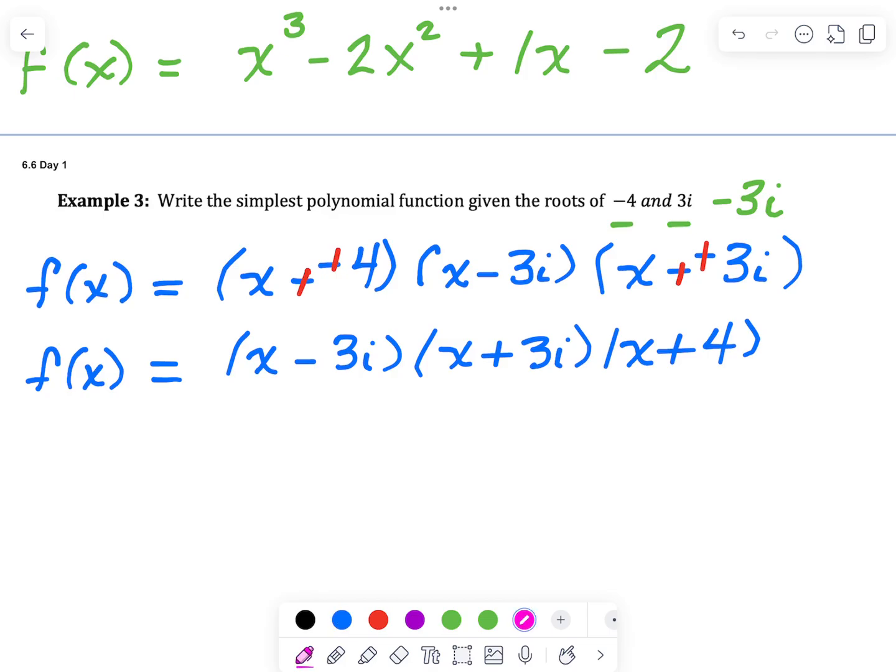Now we'll go ahead and FOIL the 2 factors of x minus 3i and x plus 3i. So first, outside, inside, last.